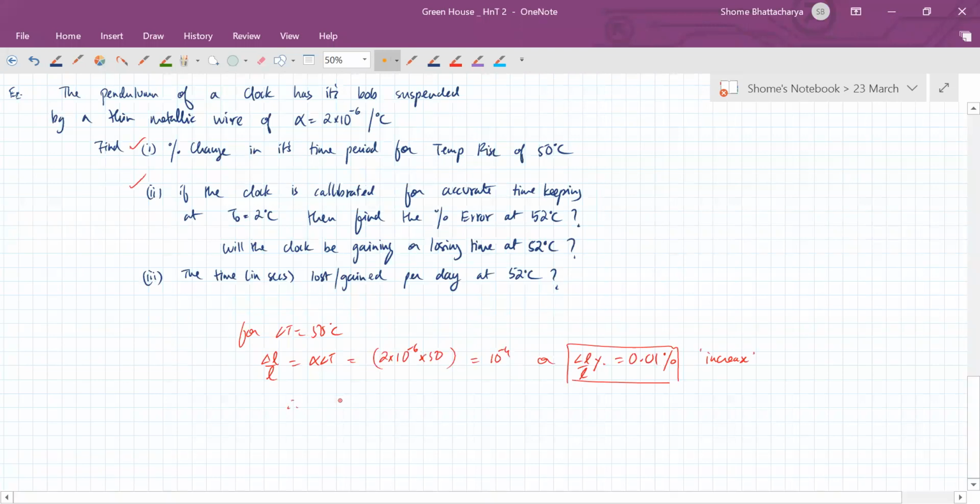So therefore, the fractional change in time period is 0.005%, that's correct. Increase in time period. So this is the answer to both first and second part.